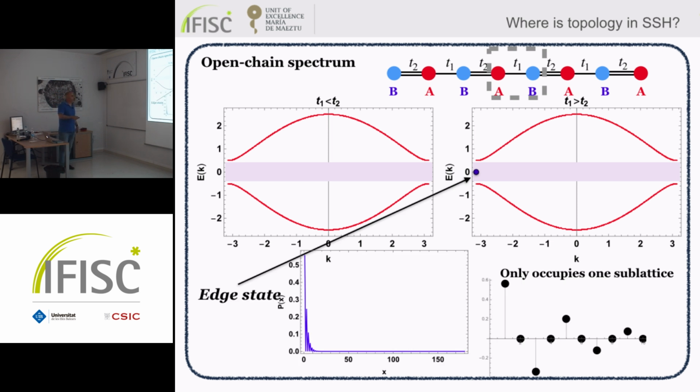You have this state at one end of the chain, and you have another analogous state at the other end. And the other strange thing about this state is that it occupies only one of the two sublattices. Let's say B, B, B, but you have probability amplitude 0 over all the A sites, and the other way around for the other edge state.